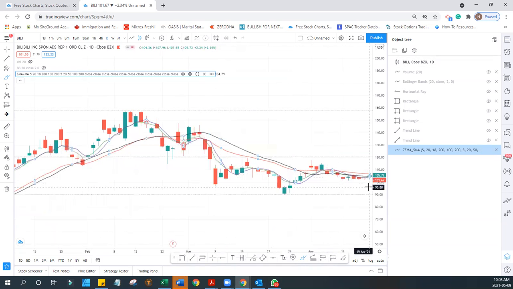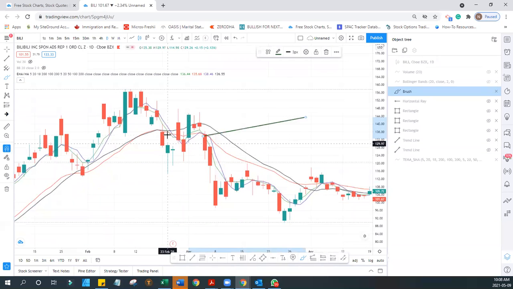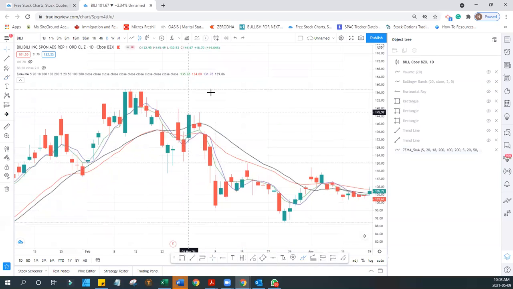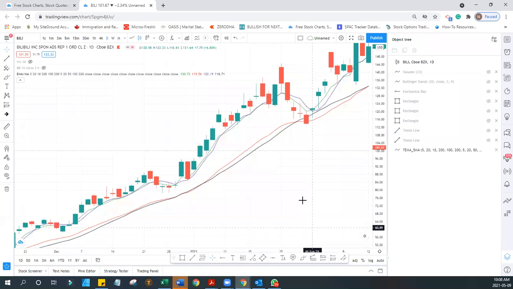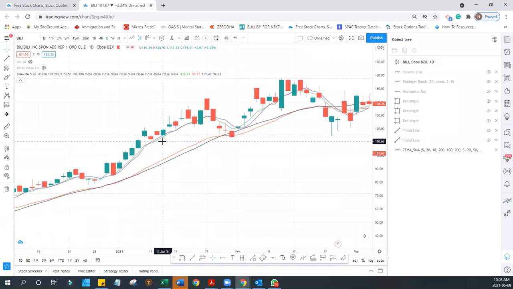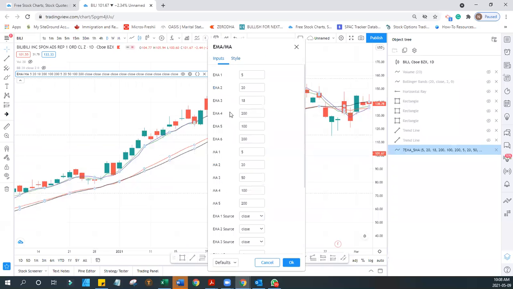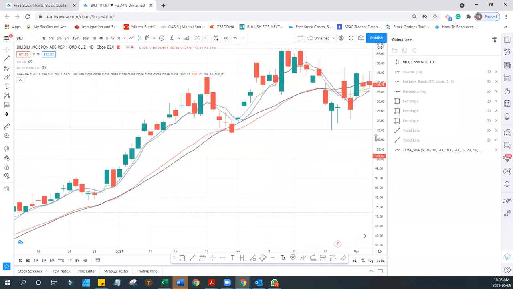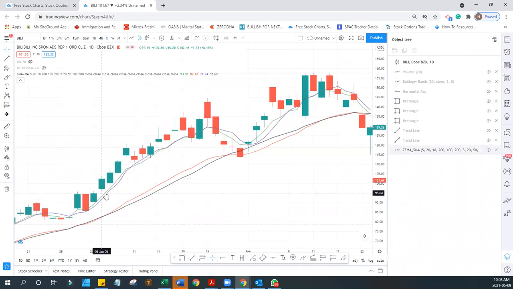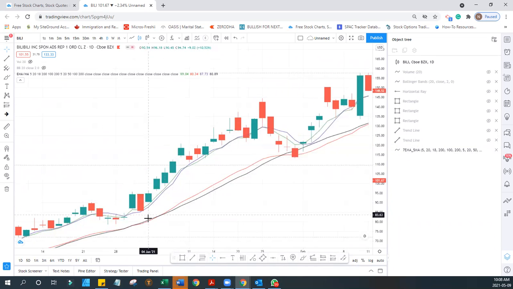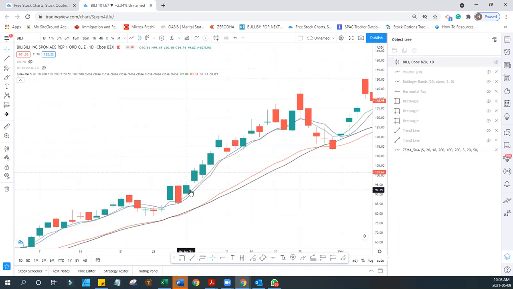So if you see here, green is a 5 EMA, right? Green is a 5 EMA, whereas purple we put as a 5 SMA. So now when the price went up, most of the time this green EMA is closer to the price.